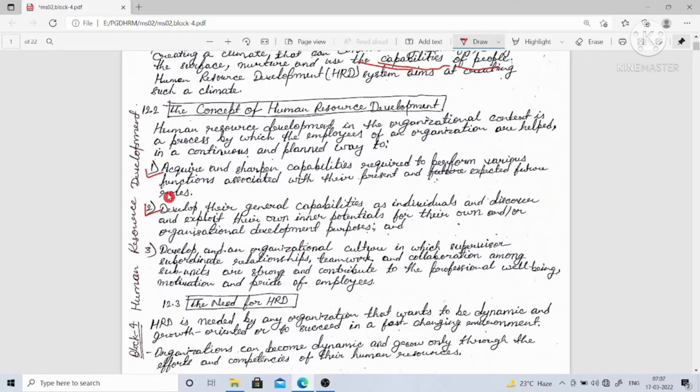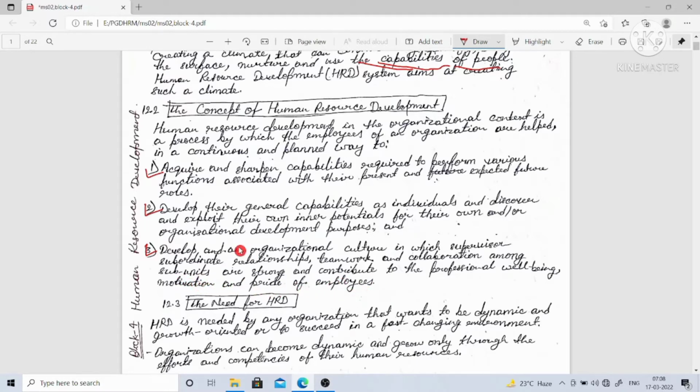Second, employees are helped in the process of human resource development to develop their general capabilities as individuals. And third, to develop an organizational culture in which supervisor-subordinate relationships, teamwork and collaboration among subunits are strong and contribute to the professional well-being, motivation and pride of employees.